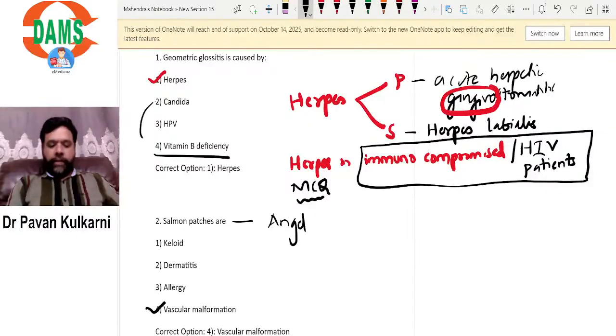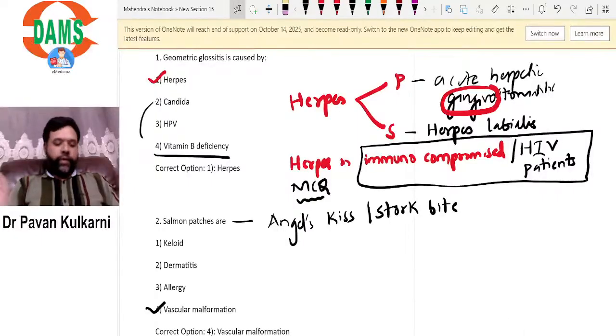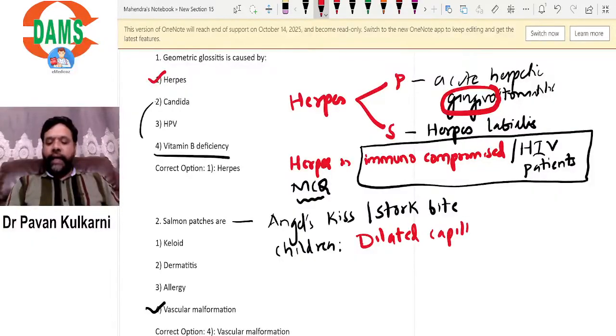angel's kiss or stork bite. Typically, you will see it in children, where this salmon patch is because of dilated capillaries. Capillaries will be dilated, and because of that you will see this salmon patch.